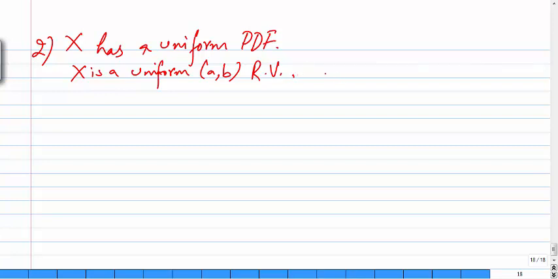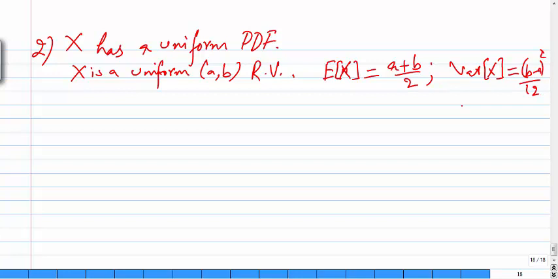So the expected value of X becomes (a plus b) divided by 2, and the variance of X becomes (b minus a) whole square divided by 12.